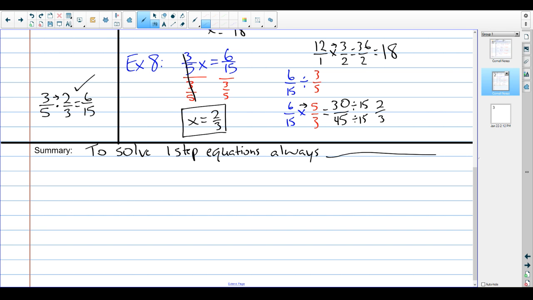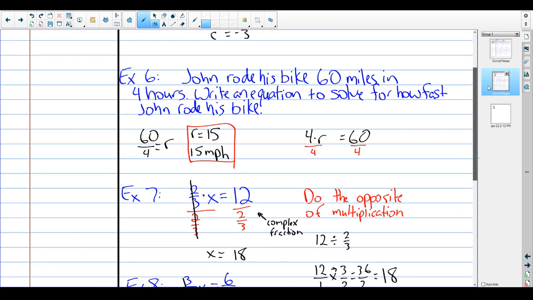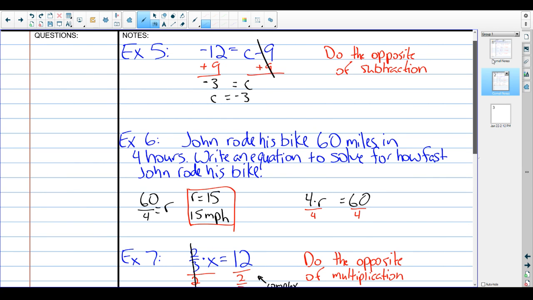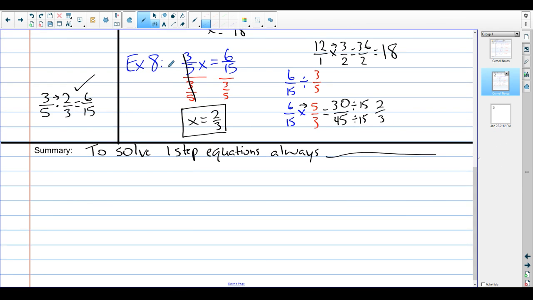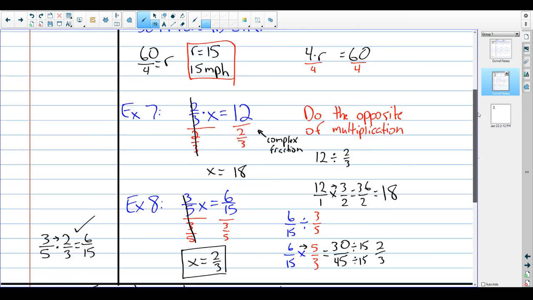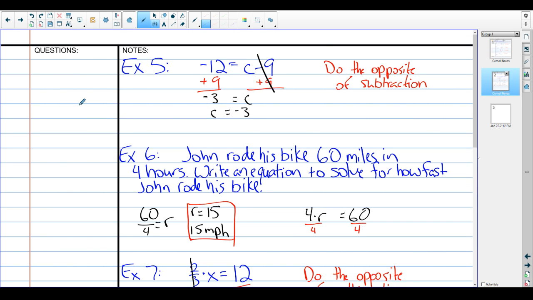What's a summary? A summary is what you put at the end to go over everything that you took notes about. And then don't forget you should have questions off to the side.